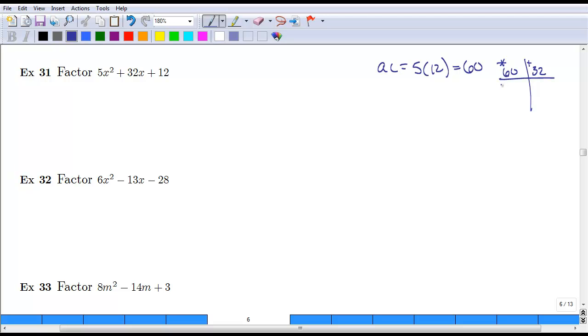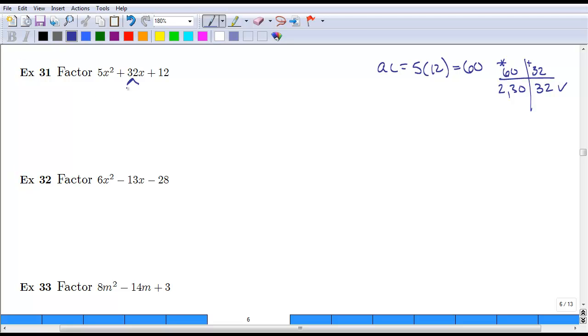You should notice that when I said 2 and 30, that does actually add up to be 32. So that one actually wasn't too bad, but if you can't see it right off the bat, just start with 1 and see what numbers divide into your AC. So in this case, 1 and 60, 2 and 30, 3 and 20, 4 and 15, 5 and 12. You've got a lot of options. Luckily, it was the second option.